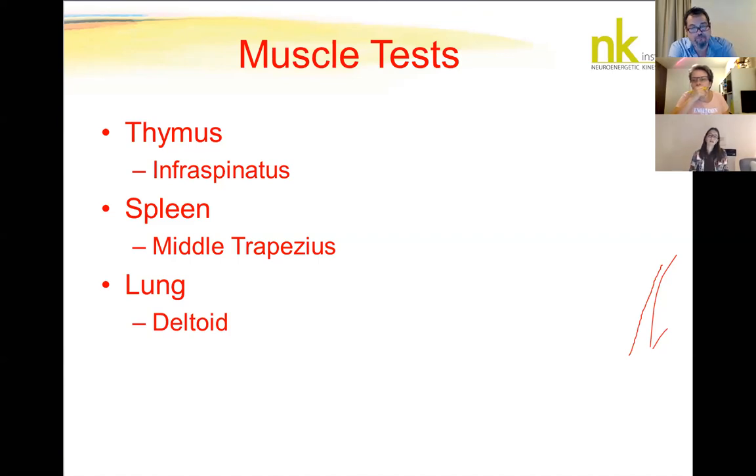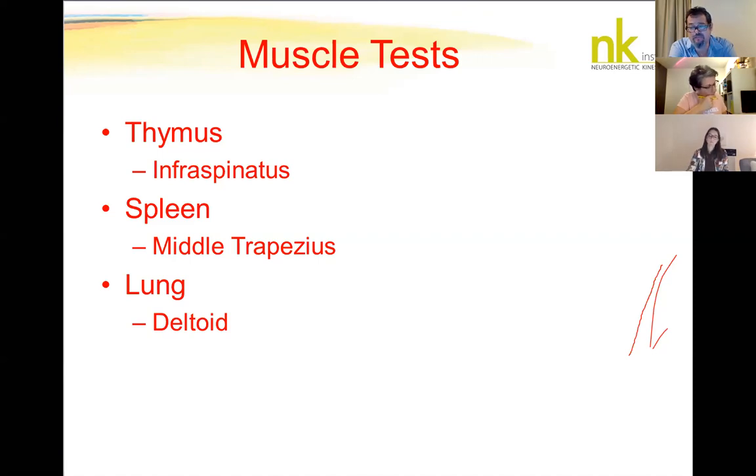But the spleen meridian is actually just general immune system in general. So, you know, this is like both adaptive, non-adaptive.